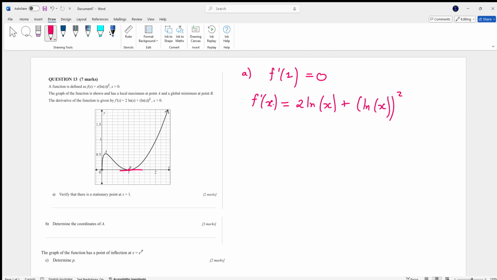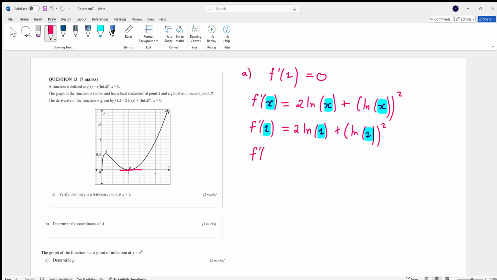Okay. So here, now we just chuck in x equals 1. So wherever there is an x, you're going to put a 1. So here, we'll have 2 ln of 1 plus (ln 1) all squared. Now, this has to be done without a calculator, so you should already know that ln of 1 or log of 1, doesn't matter what the base, is 0.